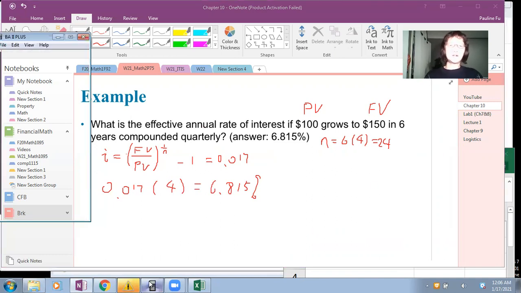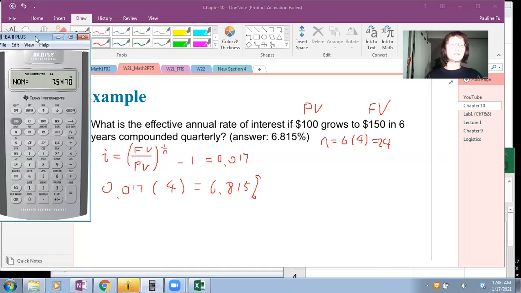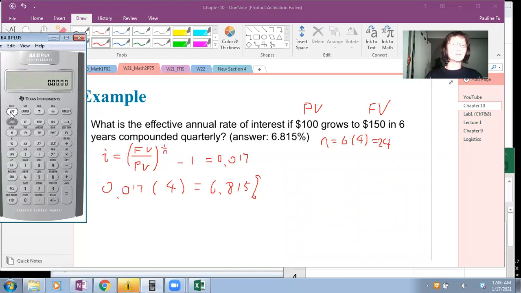Similarly, you can use the calculator. Okay, calculator. So I will clear everything. It is compounded quarterly, so we need to set up PY equal to 4. Enter. Down arrow key, CY is 4. Second, quit. Now enter 100 as a negative number for present value, and 150 is future value.